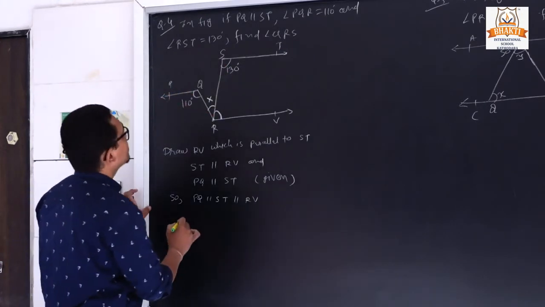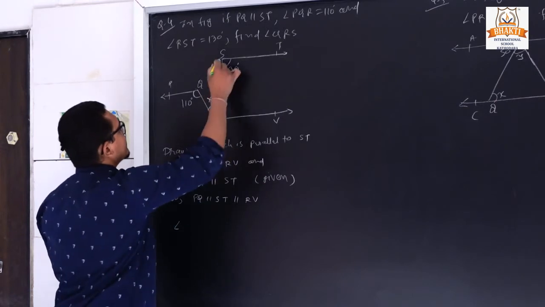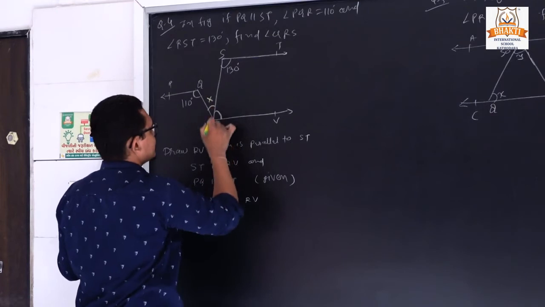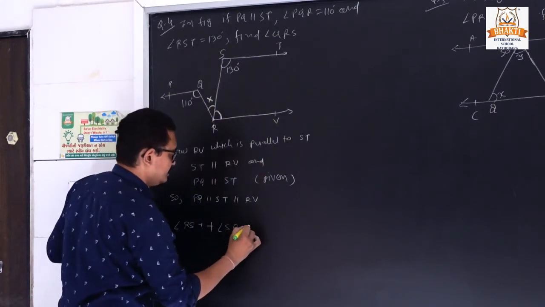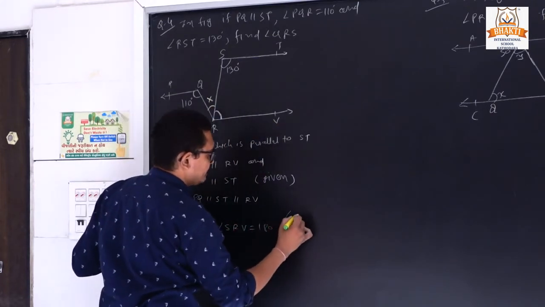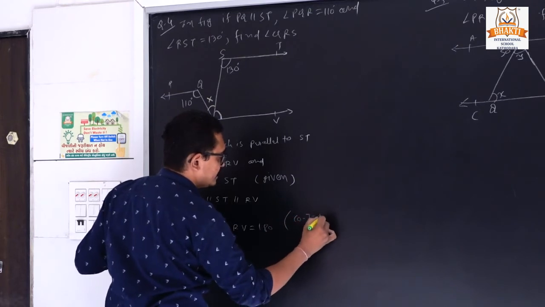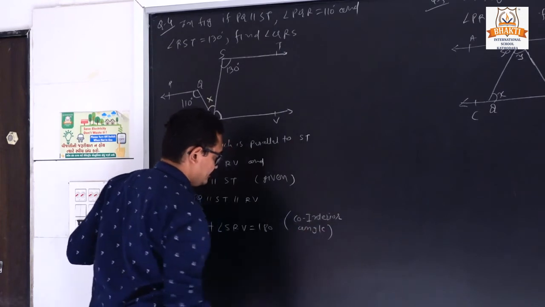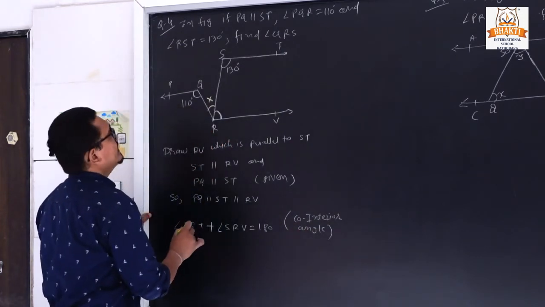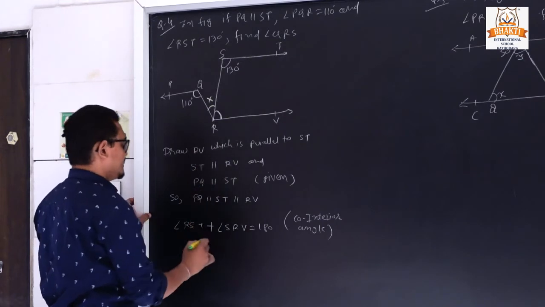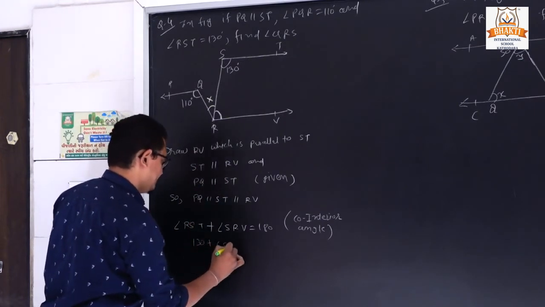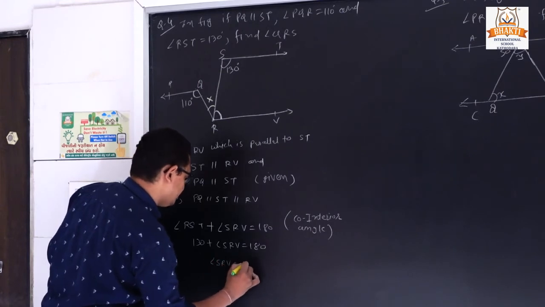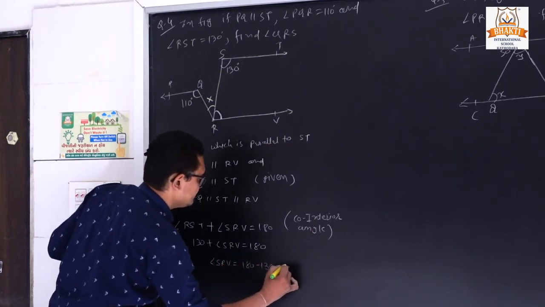So we can write angle RST plus SRV is equal to 180. In bracket we can write co-interior angle or allied angle. RST is given 130, so SRV is equal to 180 minus 130. So it is 50 degrees.